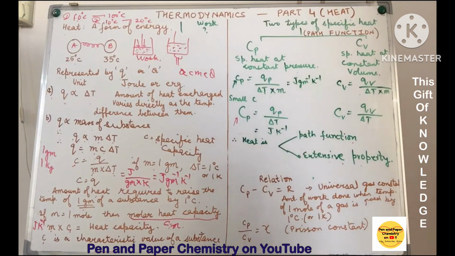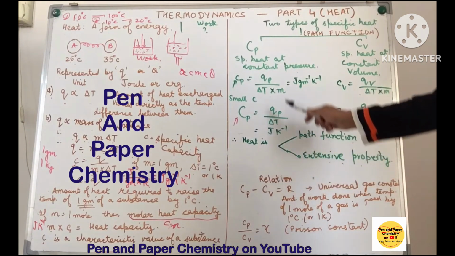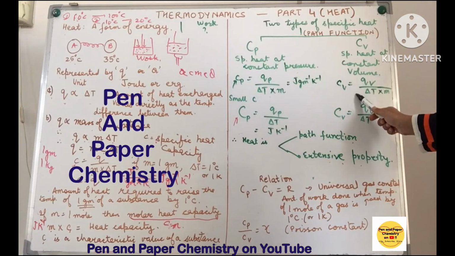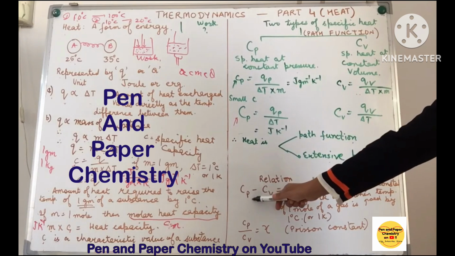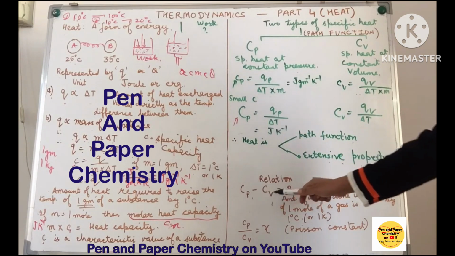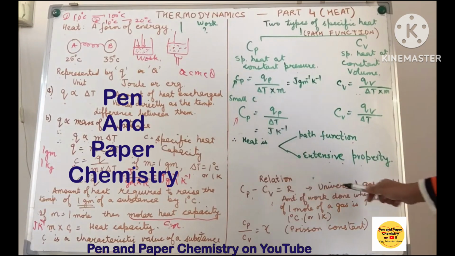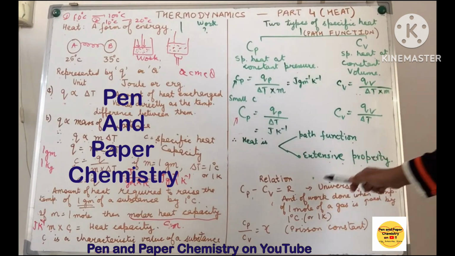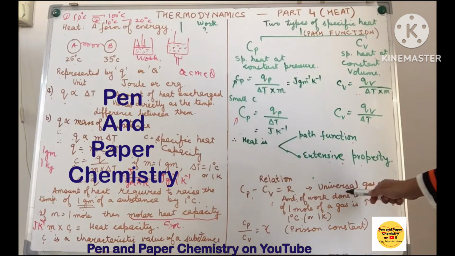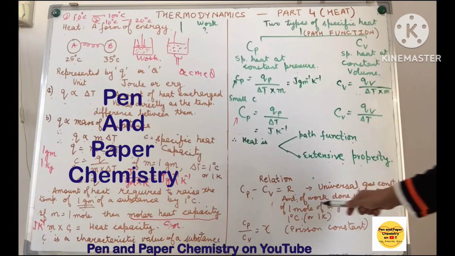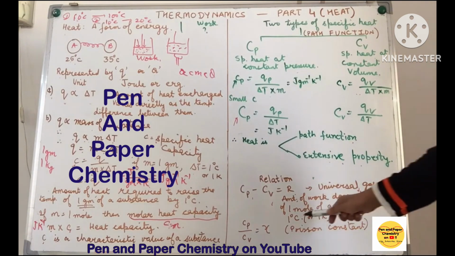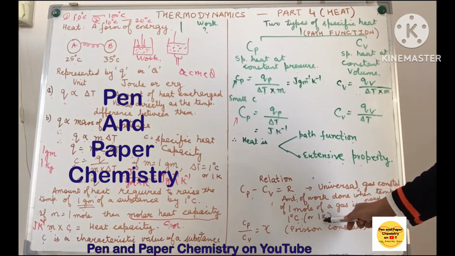Further on, as we go ahead in our derivations in further videos, we shall be deriving the relation between Cp and Cv, which for now you can just remember as Cp minus Cv is R. It's the universal gas constant, 8.314 joule per mole per Kelvin. It's the amount of work done when the temperature of 1 mole of a gas is increased by 1 degree Celsius or 1 Kelvin.